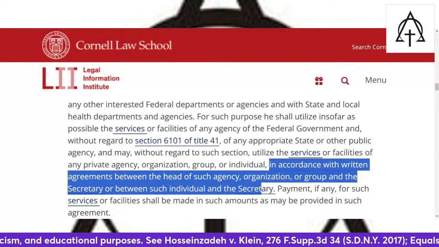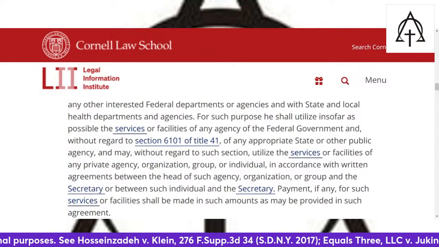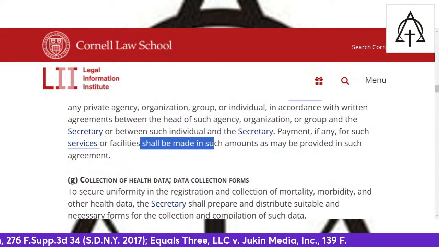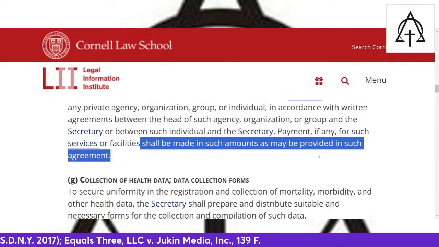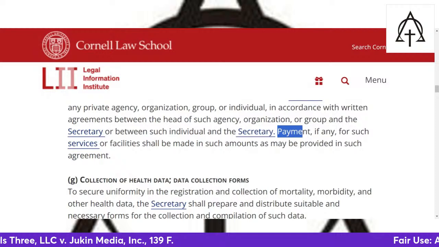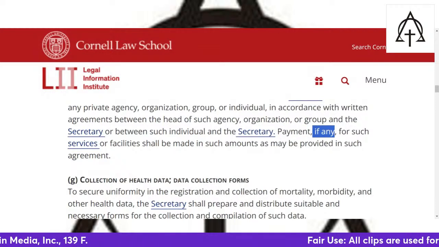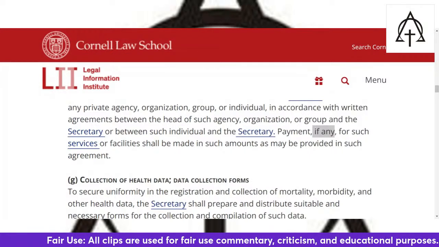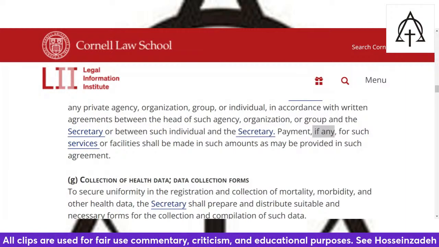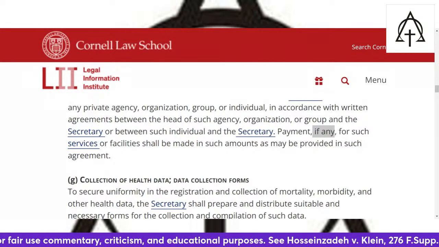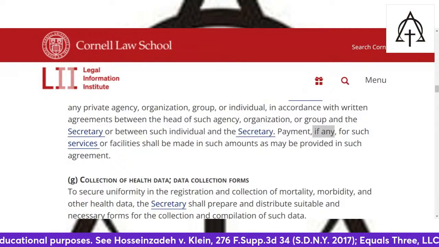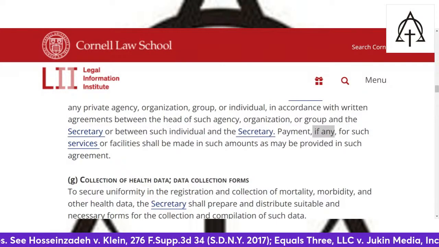The payment, if any, for such services or facilities shall be made in such amounts as may be provided in such agreement. It says payment, if any, telling us and allowing us to read between the lines that there are things that you get without payment because it says payment, if any. So what are those services?